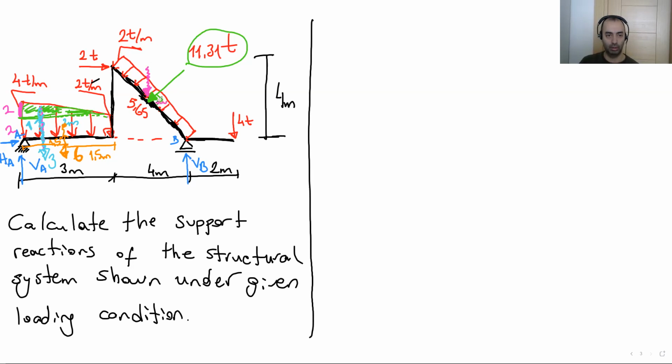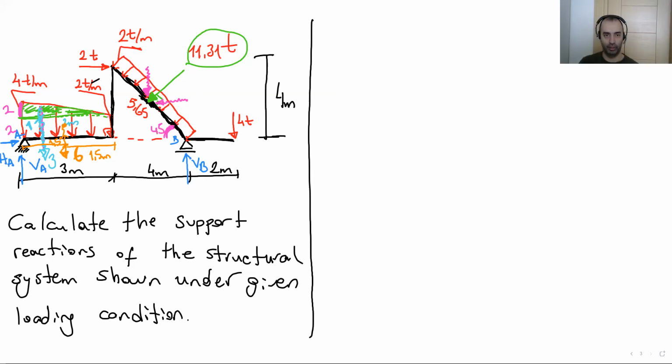We can represent this 11.31 with two loads. We can resolve this load into these two perpendicular forces. Is it easy? Yes, we know the angle. Which angle? For example, this angle. What is this? This is 45. Yes, you're right, 45.